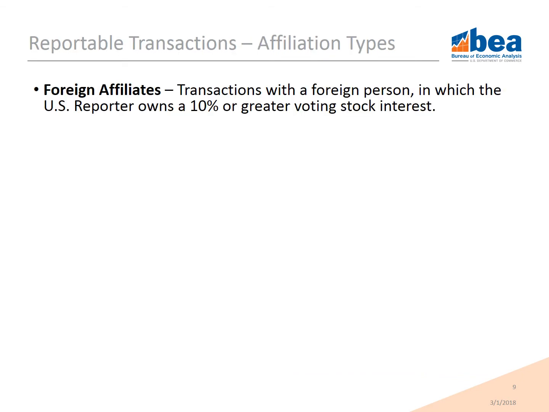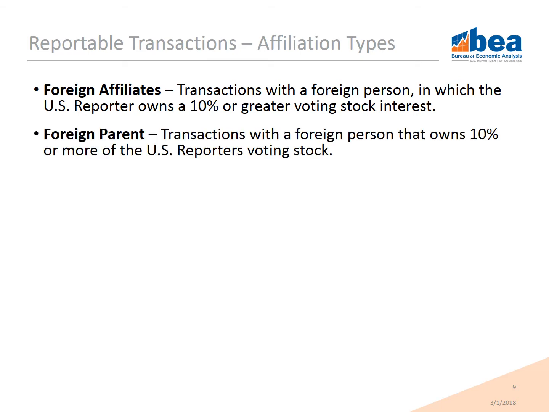Transactions a U.S. reporter has with a foreign person in which the U.S. reporter owns 10% or more of the foreign company's voting stock would be considered transactions with foreign affiliates. Transactions a U.S. reporter has with a foreign person that owns 10% or more of the U.S. reporter's voting stock would be considered transactions with a foreign parent.